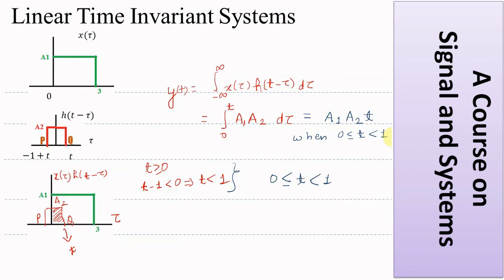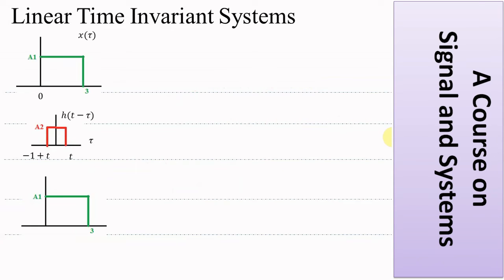We now move forward and consider the case that now this t minus 1, which is the point p, this is p, this is q. So now my p is ahead of tau equal to 0, which means that t minus 1 is becoming larger than 0, so t is becoming larger than 1.